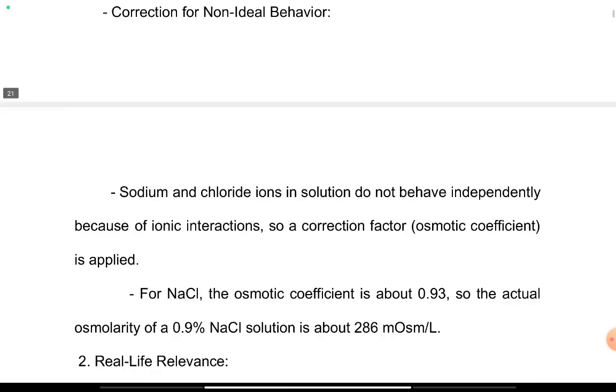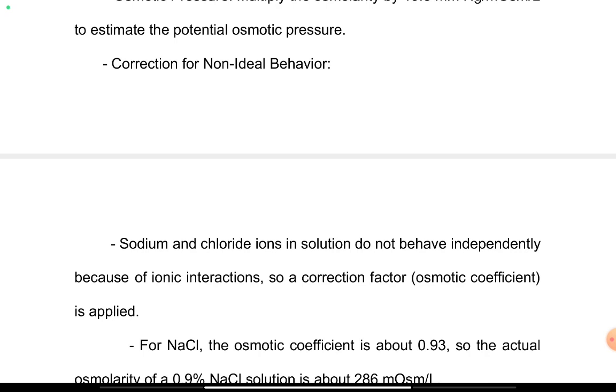I said this earlier about the correction in the calculation that I did: I got about 300 or 309 milliosmol per liter for sodium chloride, and I said because of the interionic interaction that exists between sodium and chloride, there is a correction factor, which is the osmotic coefficient, 0.93.